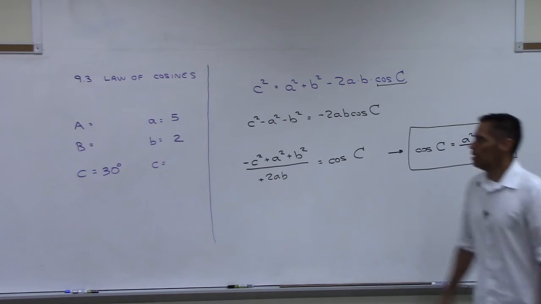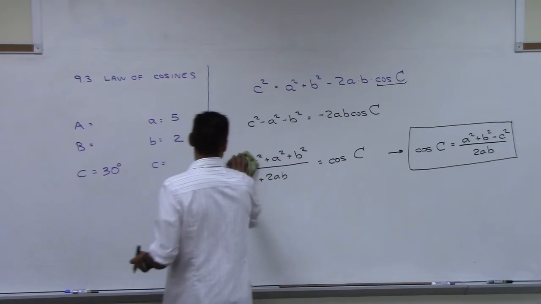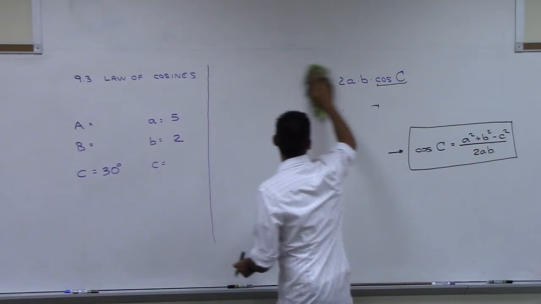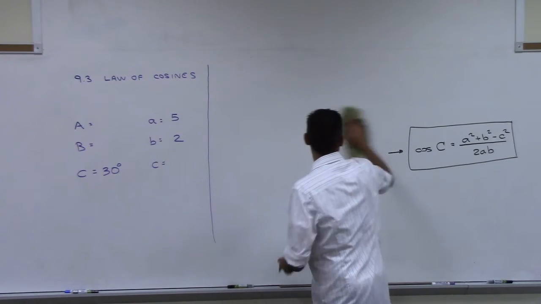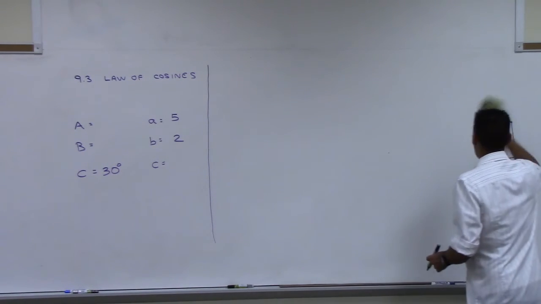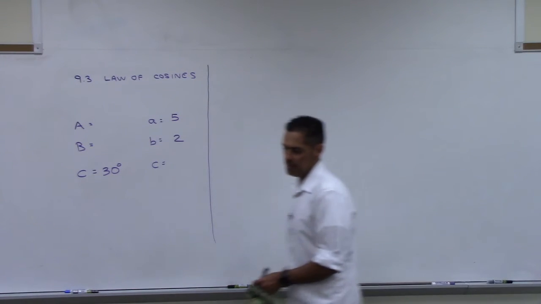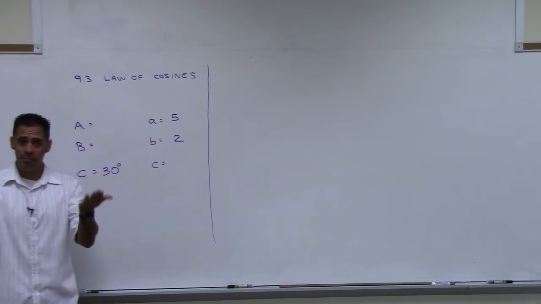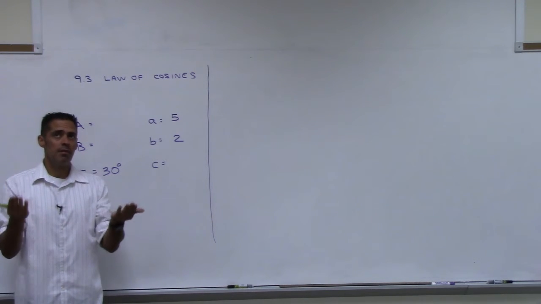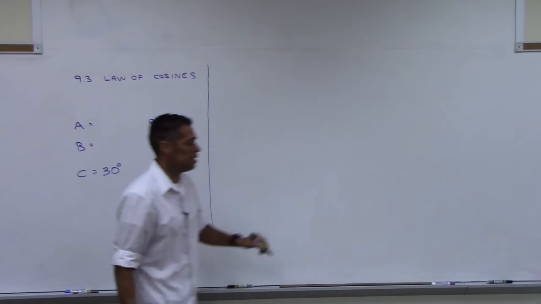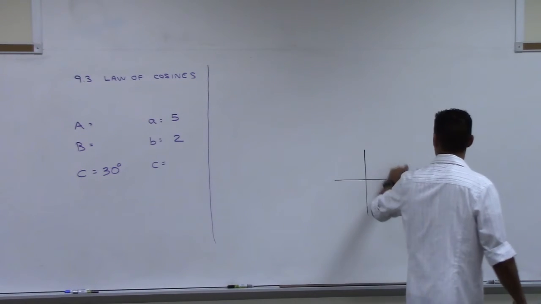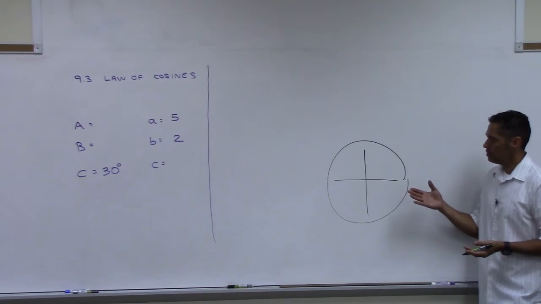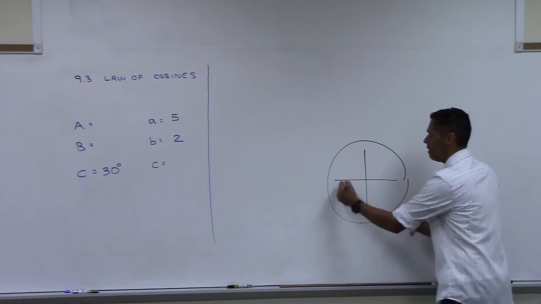All right, let's do this example. I do have good news, though. The great thing about the law of cosines is this. If you ever have to solve for an angle and do arc cosine on both sides, what's the domain restriction for the arc cosine? Where does arc cosine force you to look? 0 to pi, right?